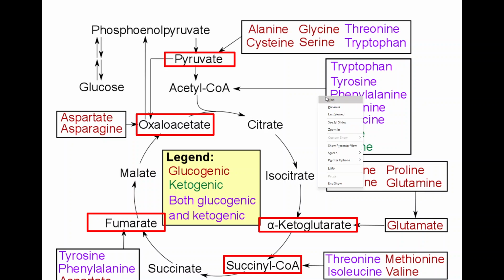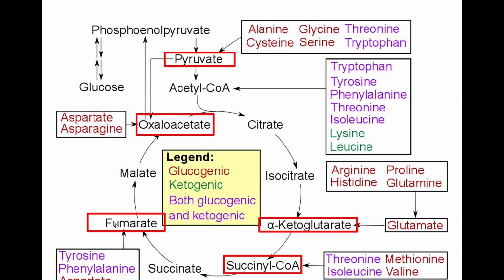What about the purple? Both. What do you mean by both? Give me an example. Tyrosine. Let's look at tyrosine. Tyrosine is here because its degradation will produce acetyl-CoA, and it is here as well because its degradation will produce fumarate.